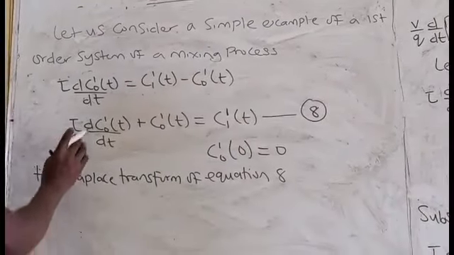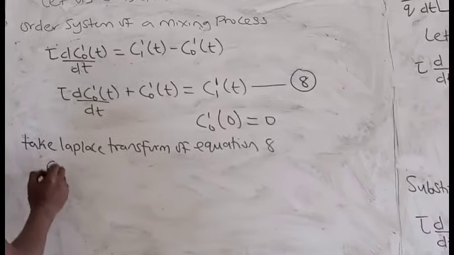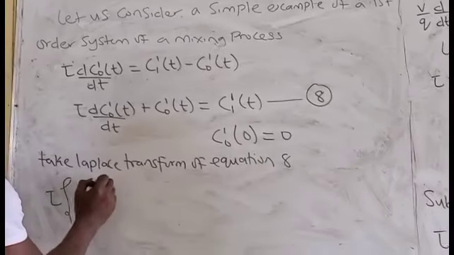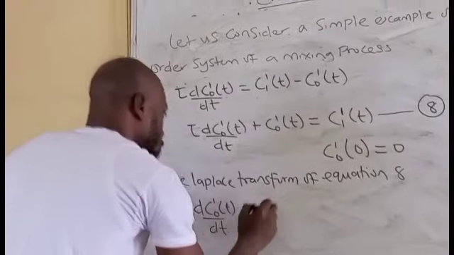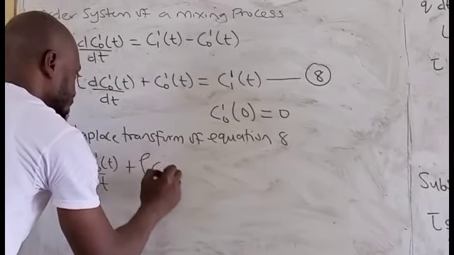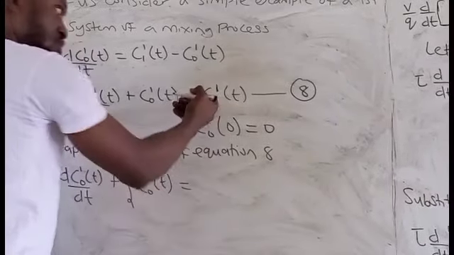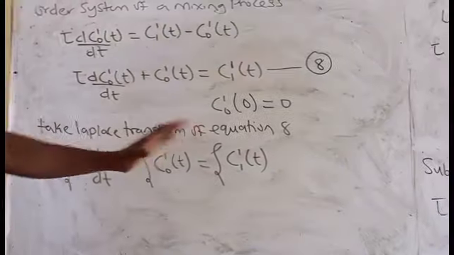The time constant is a constant, so you're going to have the time constant multiplied by the Laplace transformation of dC0 prime of t over dt, plus the Laplace transformation of C0 prime of t. You still do the same at the right hand side, taking the Laplace transform on both sides.